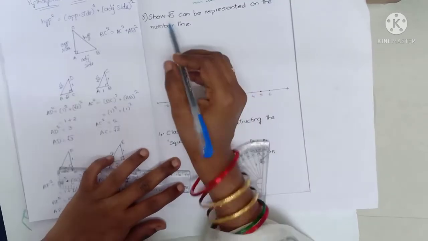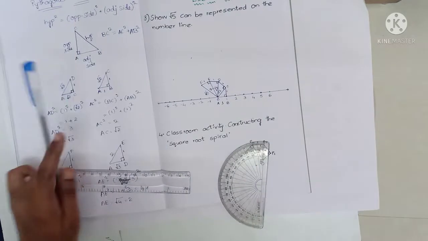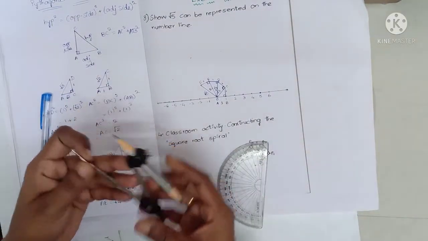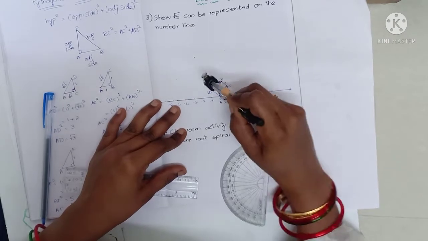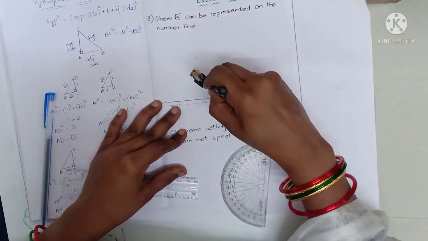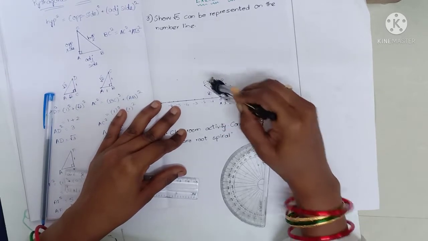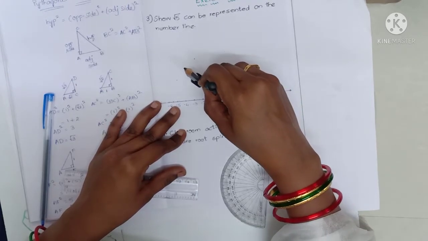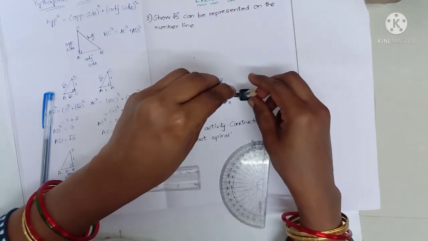What did they ask? They asked to locate √5 on the number line, children. So now take a compass, children. Keep one side of the compass at A and measure AF. Take √5 length, children. √5 is AF. Measure AF and mark this on the number line.